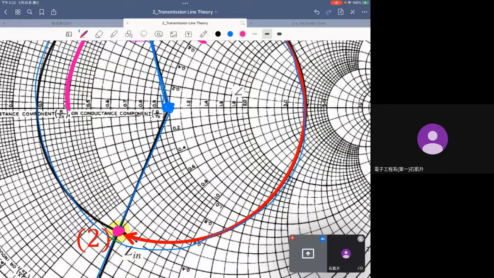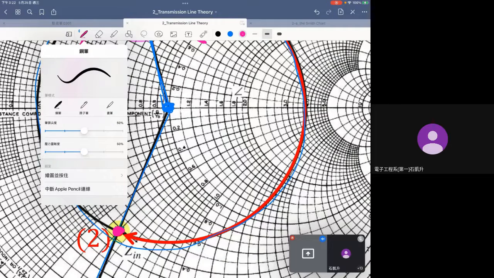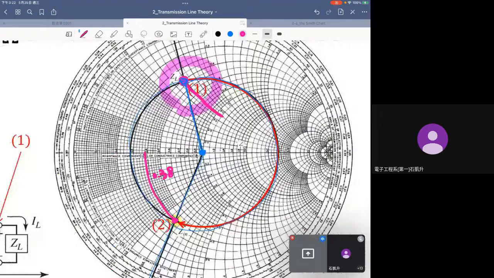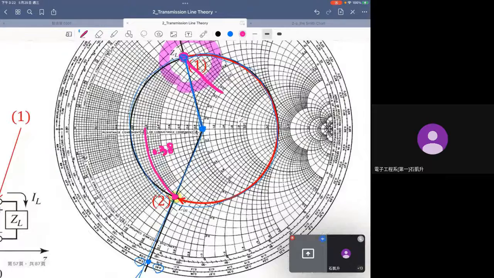You will use this one. The real circle, I think it is 0.3, maybe 8. And what is the imaginary circle?